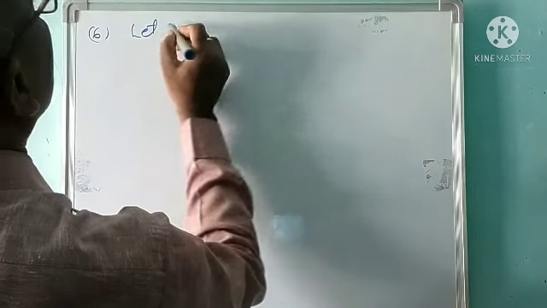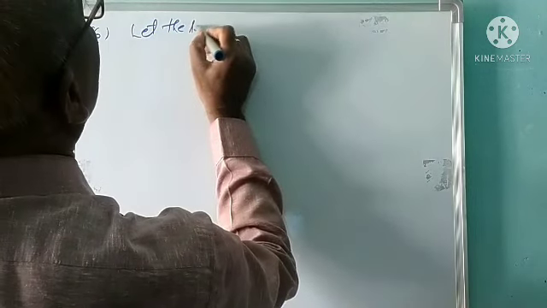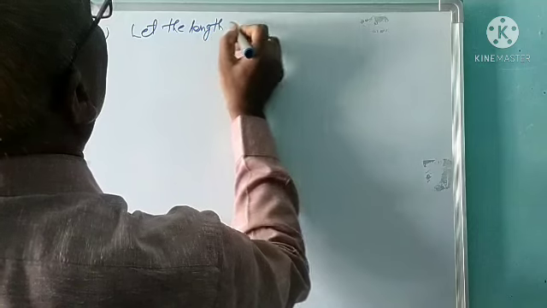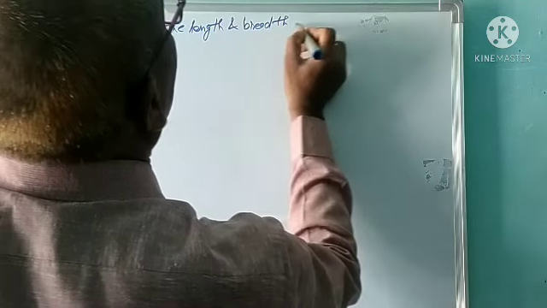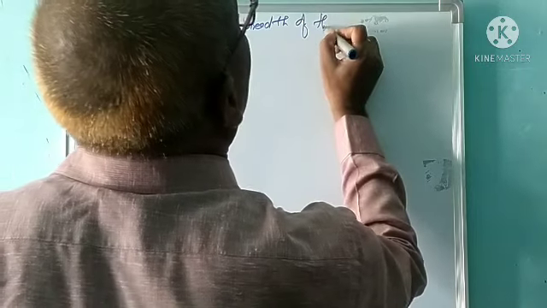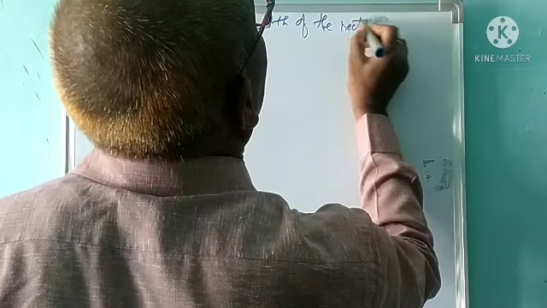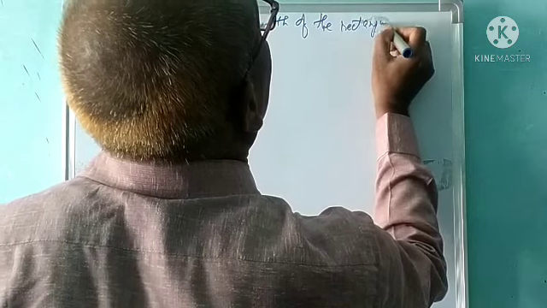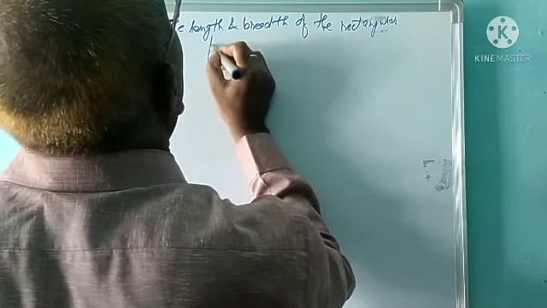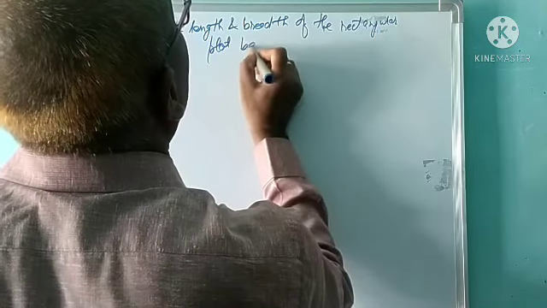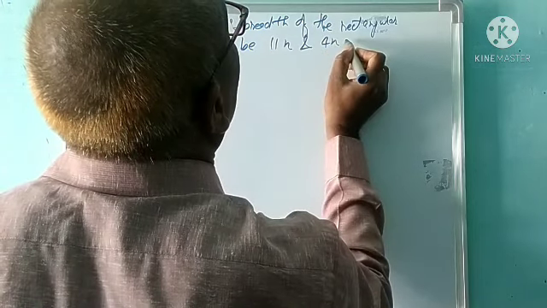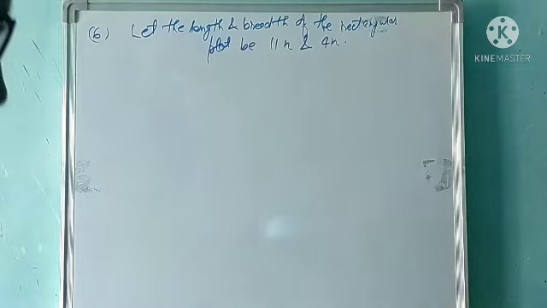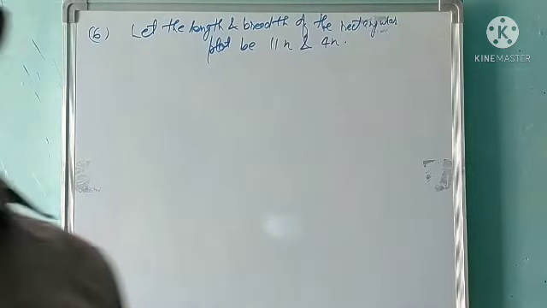Let the length and breadth of the rectangular plot be 11x and 4x, because their ratio is 11:4.